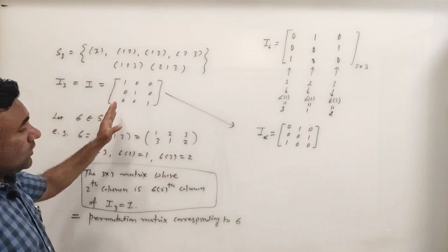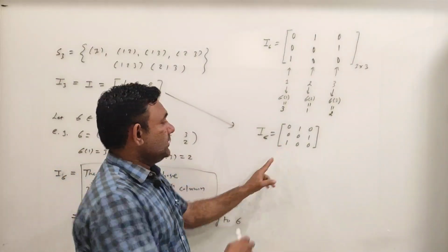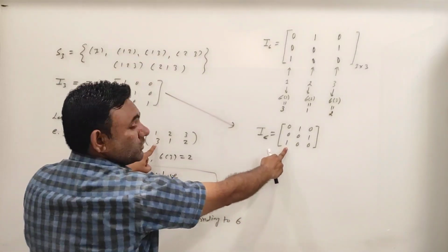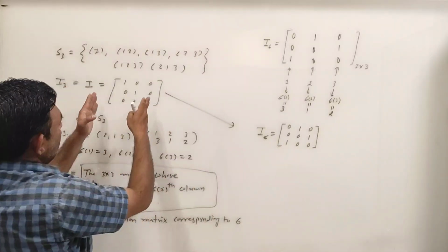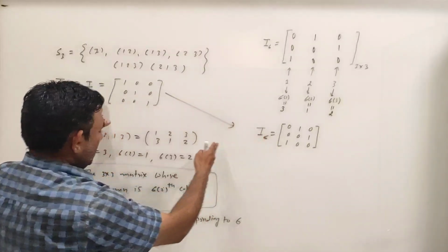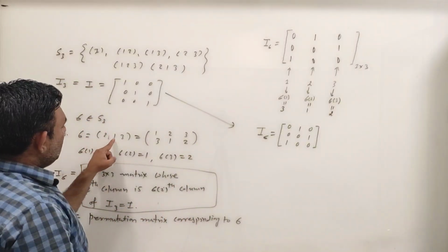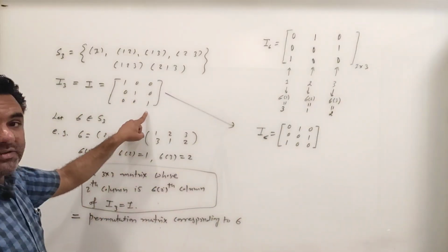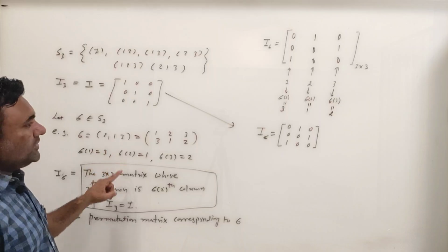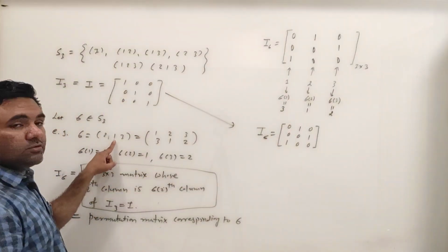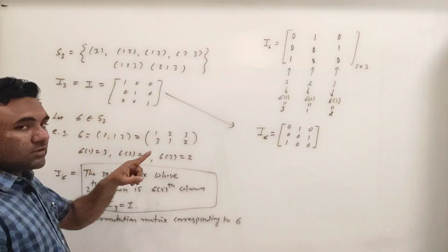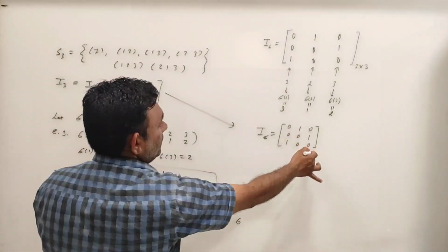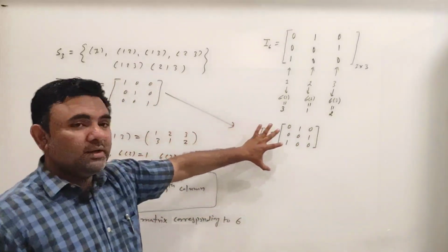The first column: 1 maps to 3, so you consider the third column of the identity matrix. Then the second column: 2 maps to 1, so it is the first column. And the third column: 3 maps to 2, so it is the second column. So in this way you can obtain I sigma.